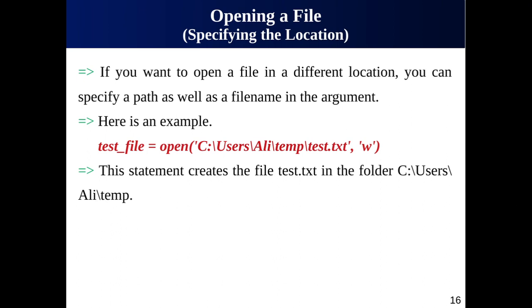One thing that is important to remember for opening the file is to specify the location of the file. Where is your file actually located? So when you pass the file name that does not contain a path as an argument to the open function, the Python interpreter assumes that the file location is the same as that of the program.